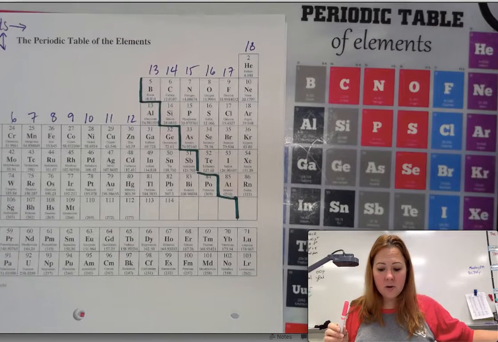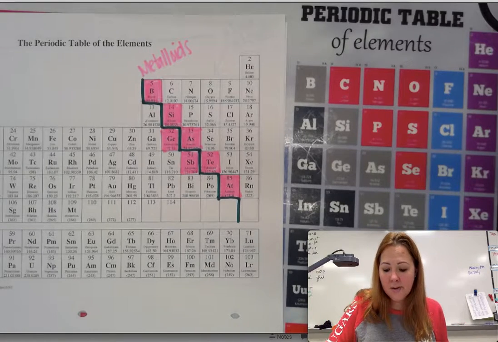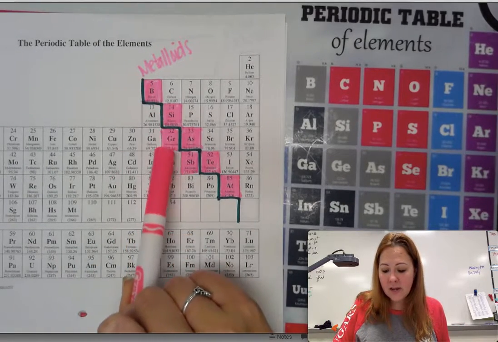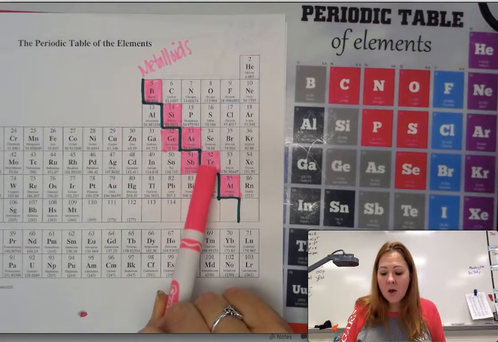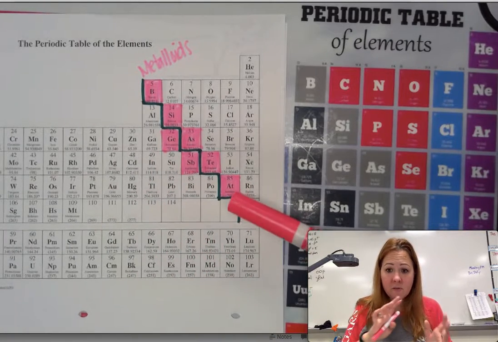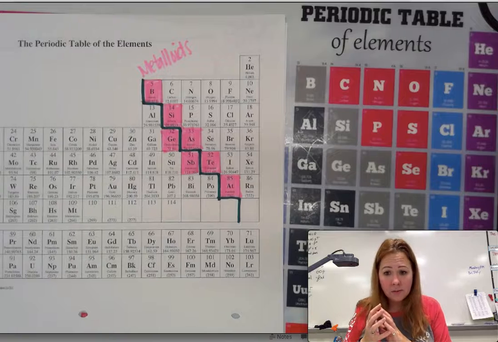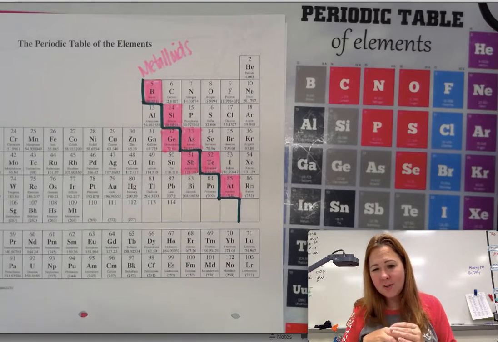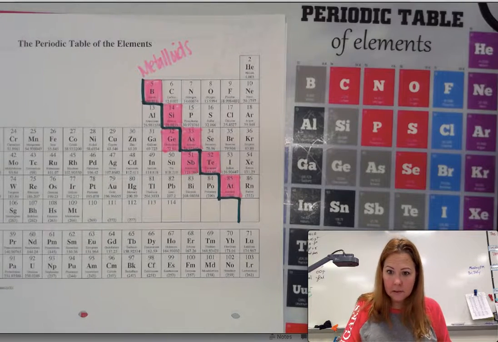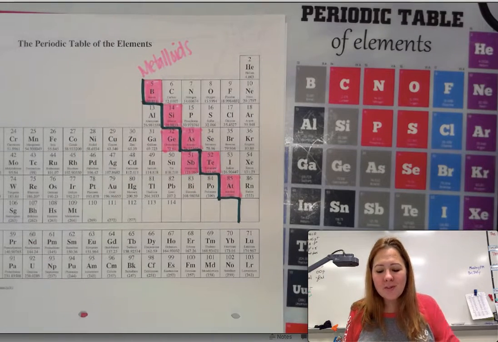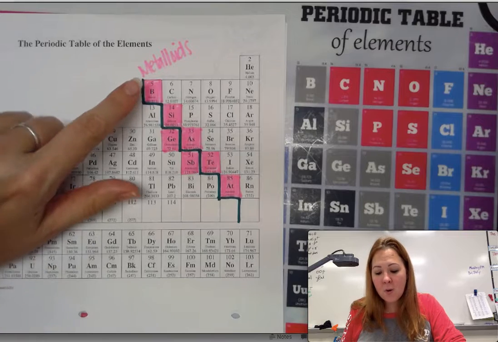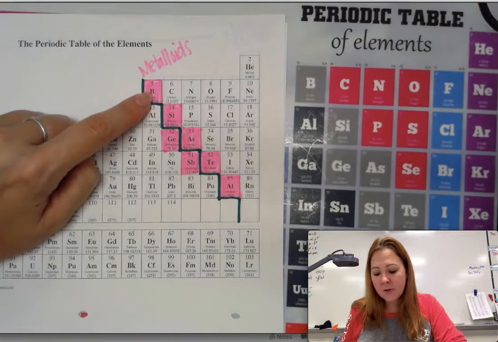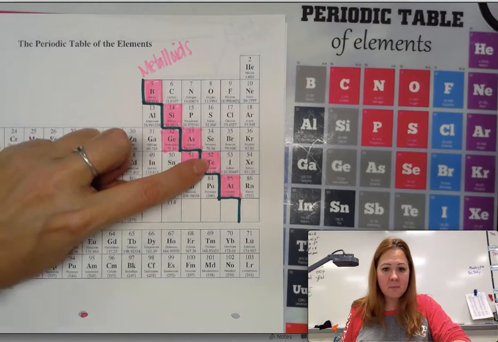As I color them in, boron, silicon, germanium, arsenic, antimony, tellurium, and astatine all have characteristics of both the metals and the nonmetals. So they're kind of trapped in the middle. We're actually going to end up eliminating them next unit, but truly they are metalloids. So boron is a metalloid, silicon, germanium, arsenic, antimony, tellurium, and astatine.